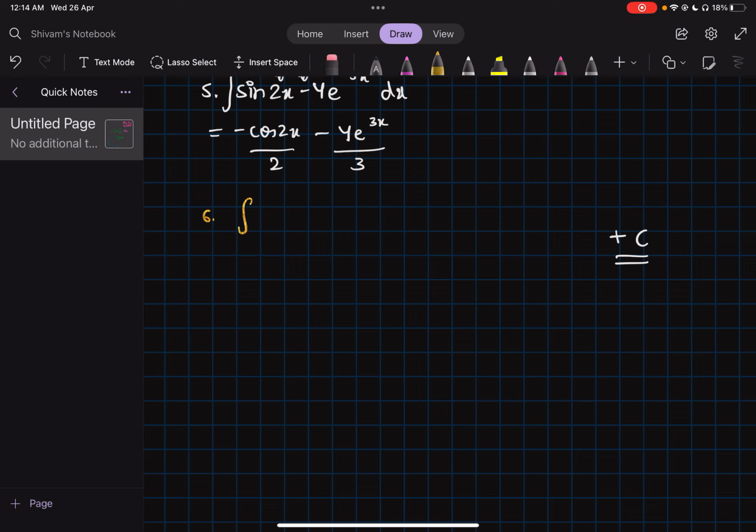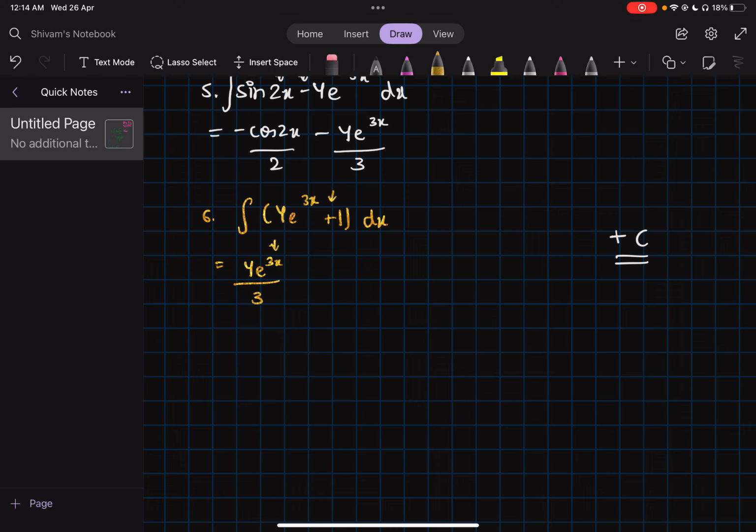So the sixth question is the integral of 4e^(3x) plus 1 dx, right? Since this is a plus sign again, you're gonna wanna integrate separately. So for 4e^(3x), you write the 4 as it is, then the e^(3x), because you don't integrate the coefficient, and then you use the inverse chain rule again to divide by 3.